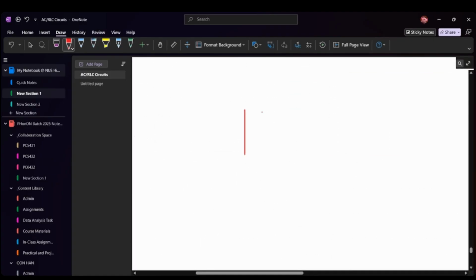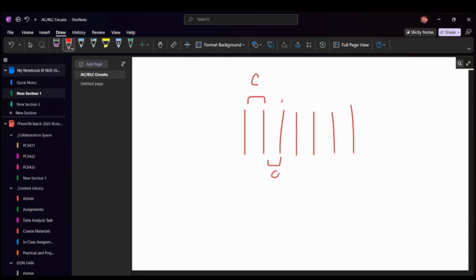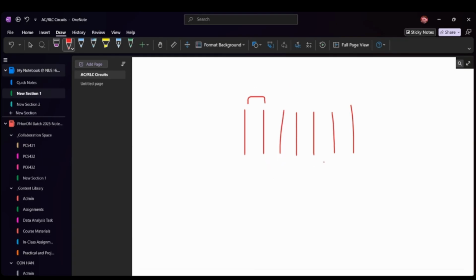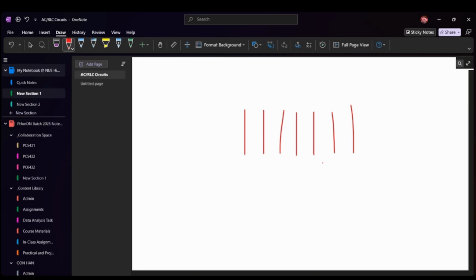Since they are equally spaced apart, let's say these two have a capacitance C. Then this one has capacitance C, this one has capacitance C, and so on. So that means when the positive terminal of the power source is connected to the nth plate, this is the nth plate, this is the first plate.